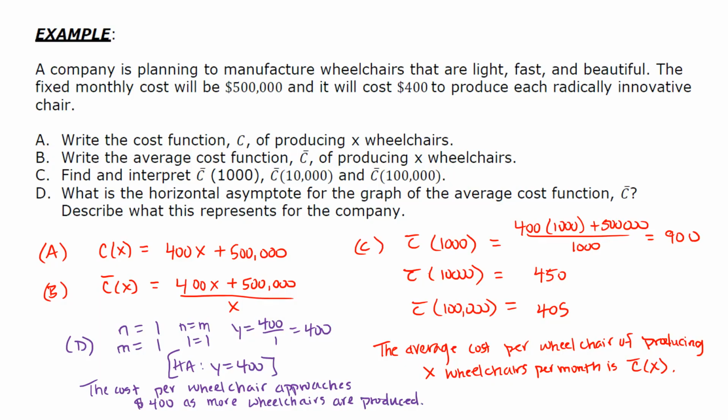So the value will never cross 400, but it will continuously approach 400, because we know from the problem that it takes $400 to produce a wheelchair alone. So the average cost will approach 400, but it will never cross it or never equal 400.